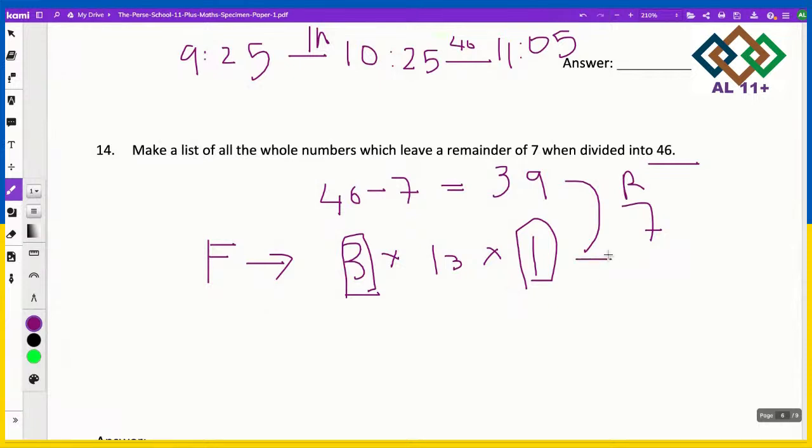So we are left with 13 and 39. So that's your answer.